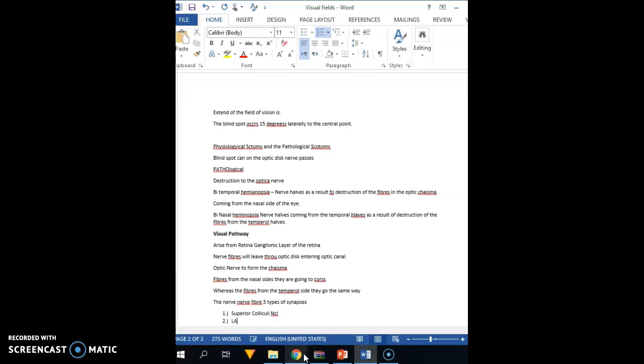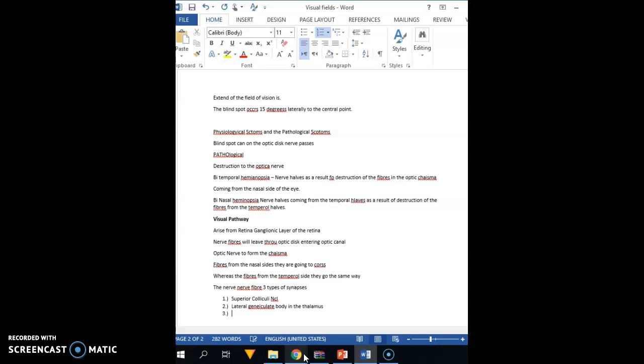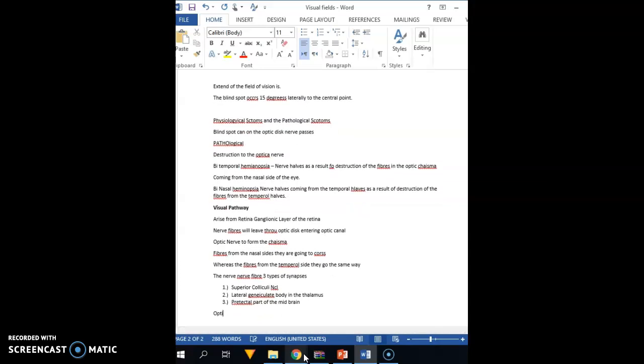The next would be the lateral geniculate bodies in the thalamus, and the pretectal part of the midbrain. Now I want to talk to you about where it ends. Well, it ends as optic radiation in the brain cortex.